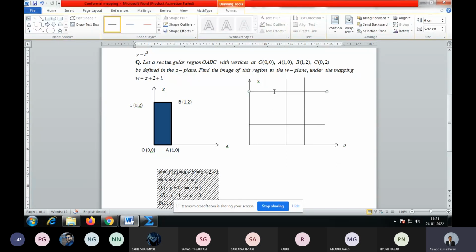So please tell me the region which is bounded by these boundaries. Yes, Rahul, which one is the region? Sir, it is the region lying from u equal to 2 to 3 and v equal to 1 to 3. Okay, good. So ultimately, this region, am I right or not?